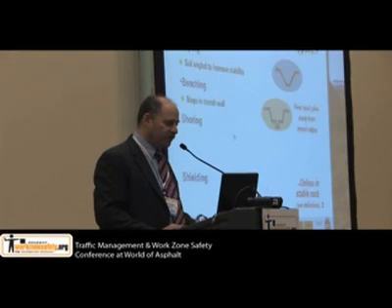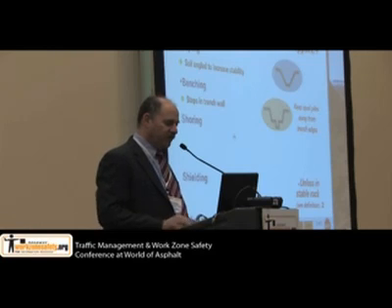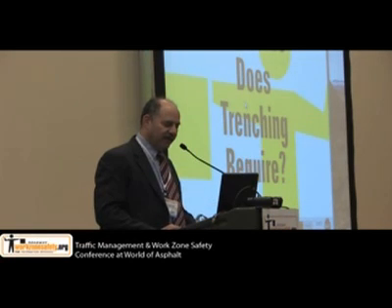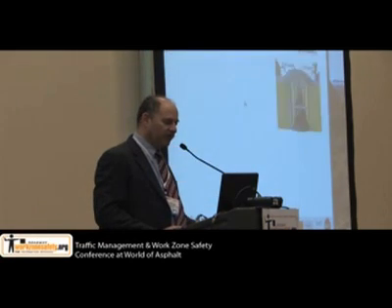You can also bench the soil, where you have steps in the trench wall. You can shore it, or you can provide shielding, a trench box. And then lastly, we go over the issue that the employer has to have a competent person under the OSHA regulations. So what does that mean?